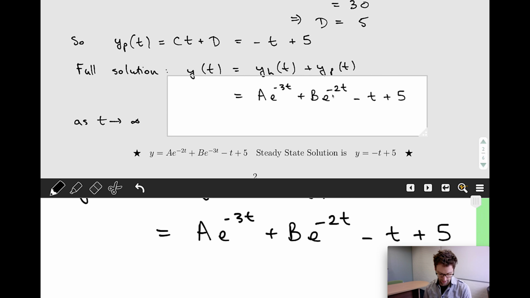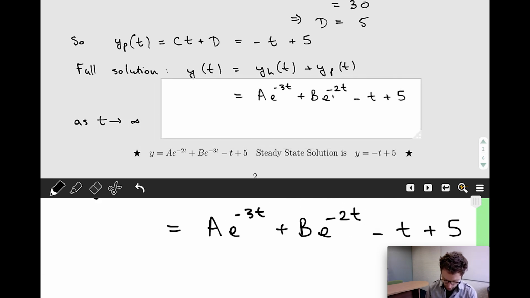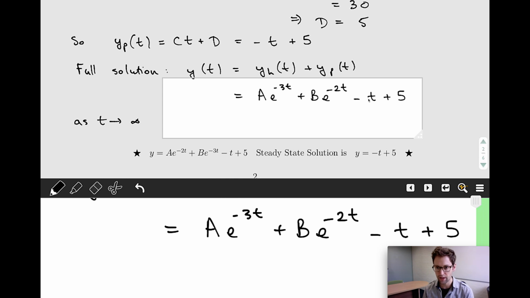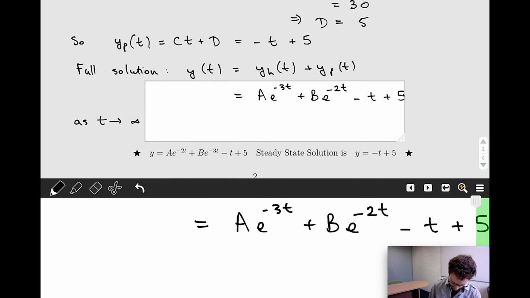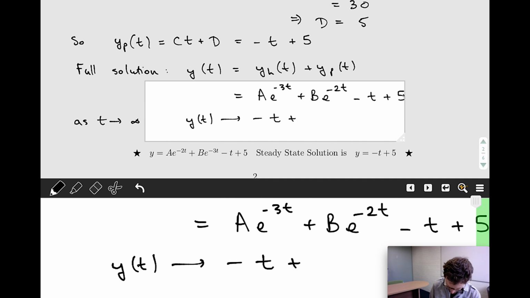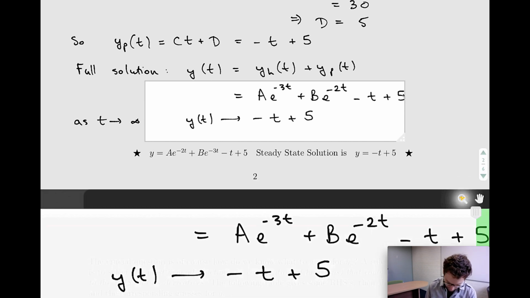They decay really fast. So as t goes to infinity, those two terms will tend towards 0, whereas this term is heading off towards minus infinity, and this term here is staying constant. So the long-term behavior is going to approximately go as minus t plus 5.